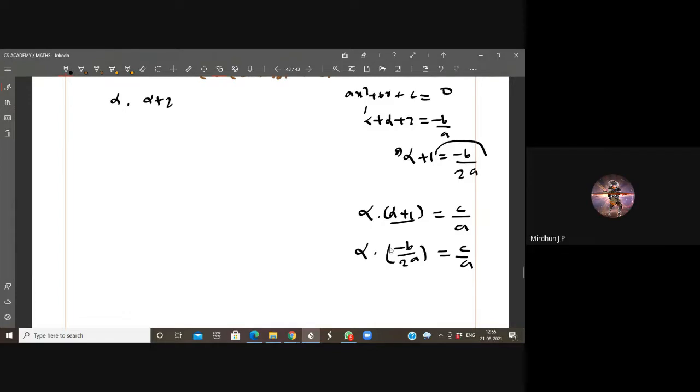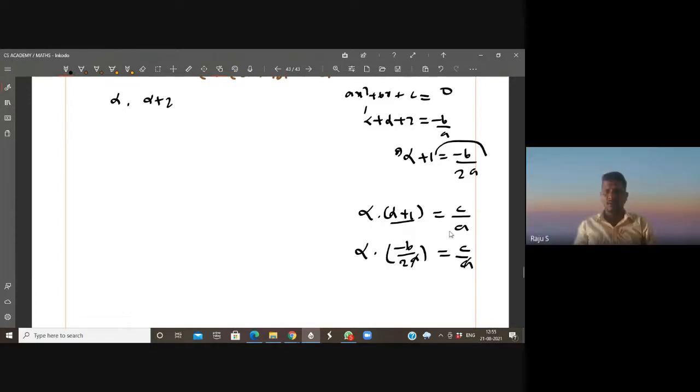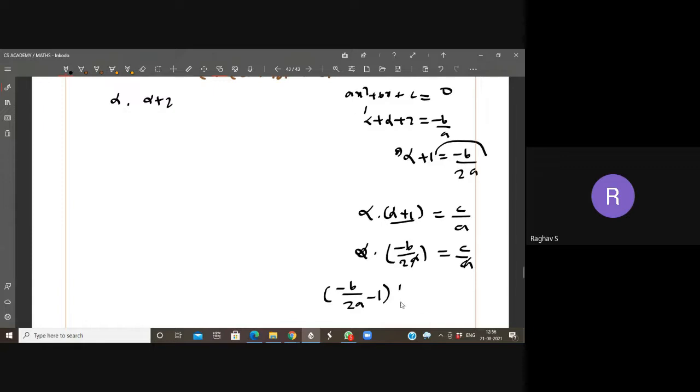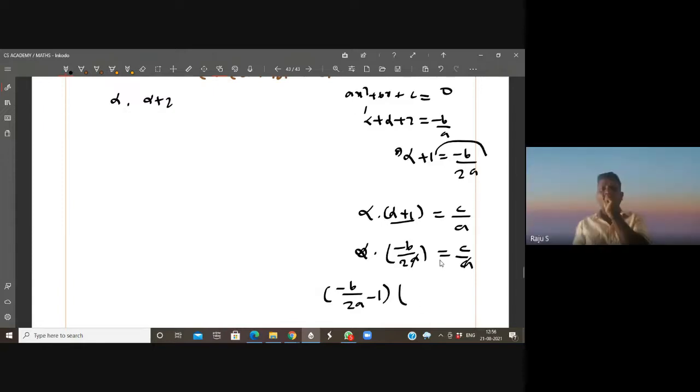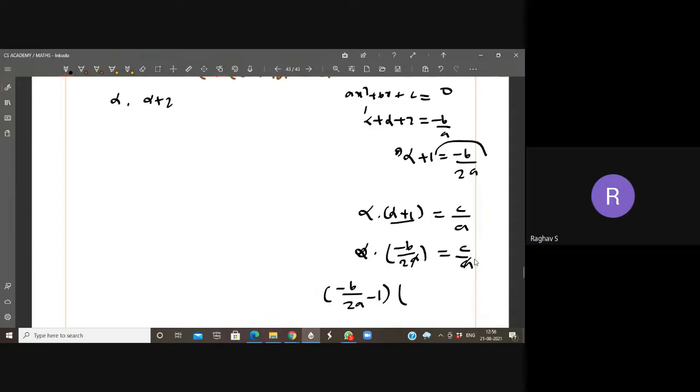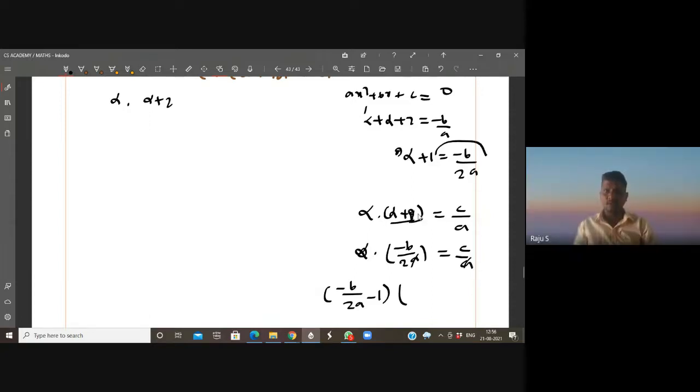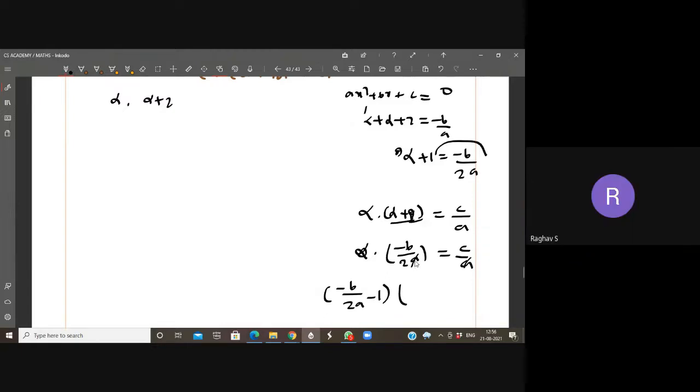Here you can replace the alpha value. So alpha is minus b by 2a minus 1. c by a equal to alpha into alpha plus 2. Oh, it is 2, sorry. So minus b by 2a plus 1 should come, sir.